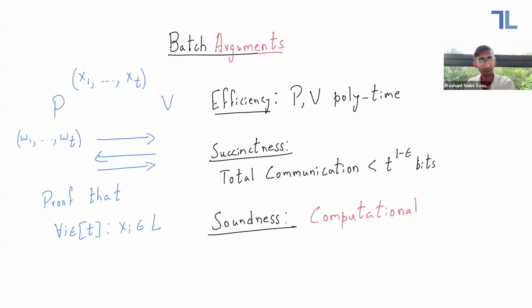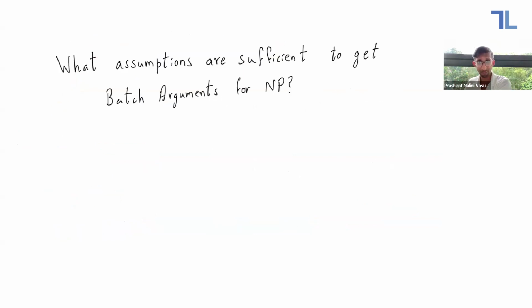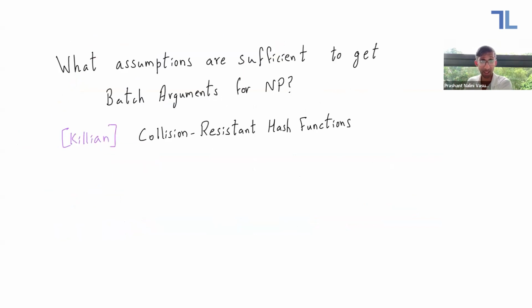And finally, just a little bit about what happens when you relax the soundness condition to be computational soundness rather than statistical soundness, the way I had defined, right? Meaning that you ask for soundness only against computationally bounded cheating provers, and there also the same techniques pretty much work. And there, what is known? Well, there we actually have constructions for all of NP, and we have had them for a while.